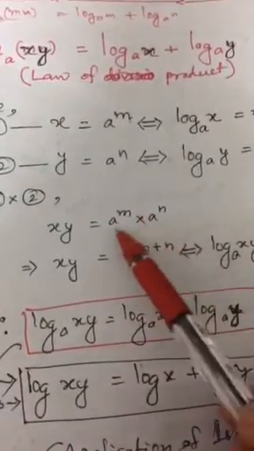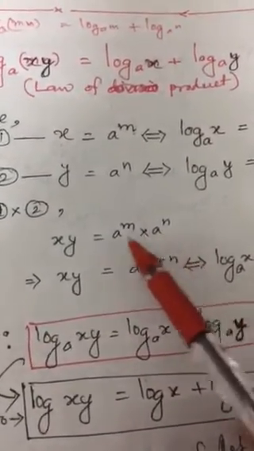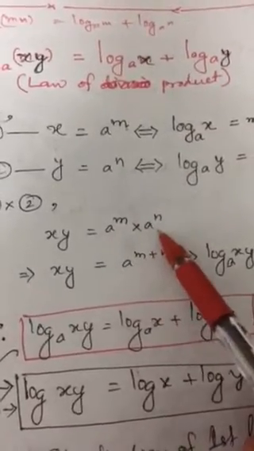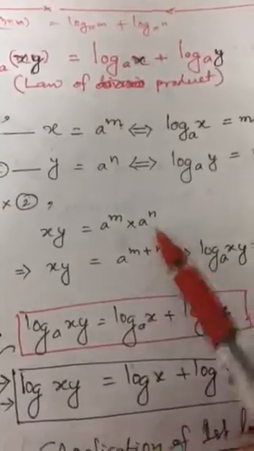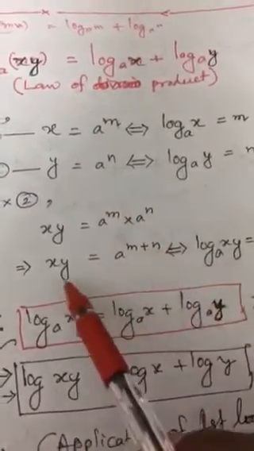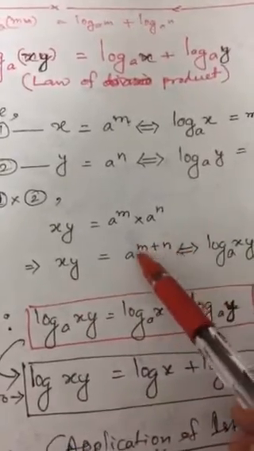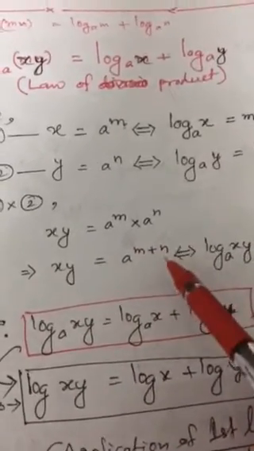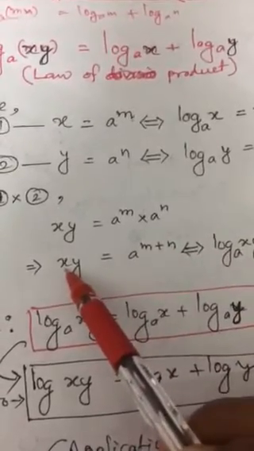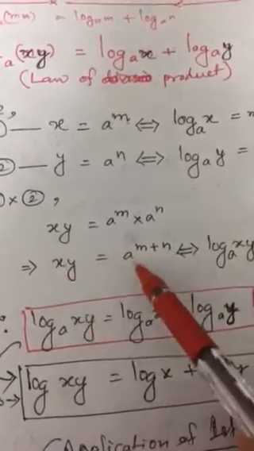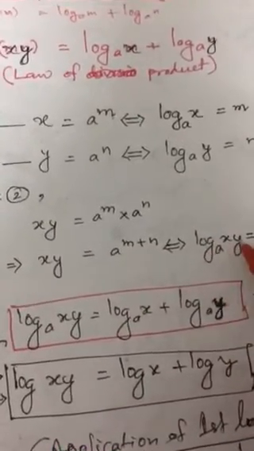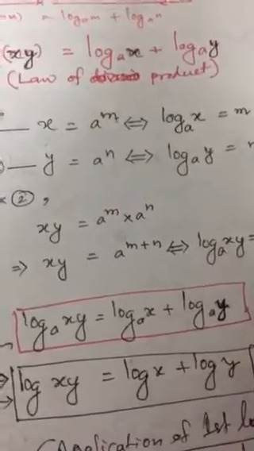We have already learnt in indices that powers are added when bases are the same in multiplication. So a is multiplied, powers are added, m plus n. Now this m plus n is the exponent here, and exponent is the log of this. It means log of xy to the base a is m plus n.